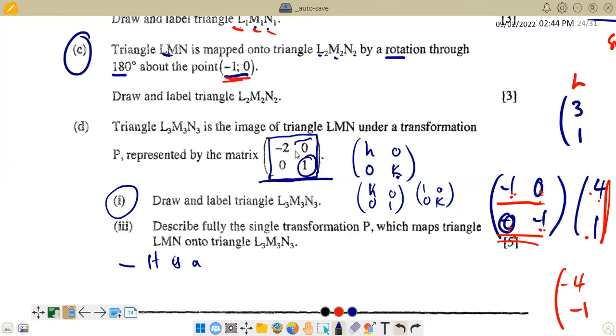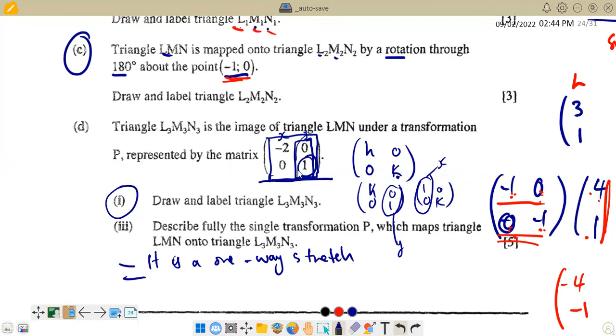That is the invariant line, this one, 0, 1. This is your x, this is your y. So when there is a 0, 1, it's x-axis or y-axis invariant. This one is for y-axis invariant, and this one is for x-axis invariant. Okay, so it is a one-way stretch.